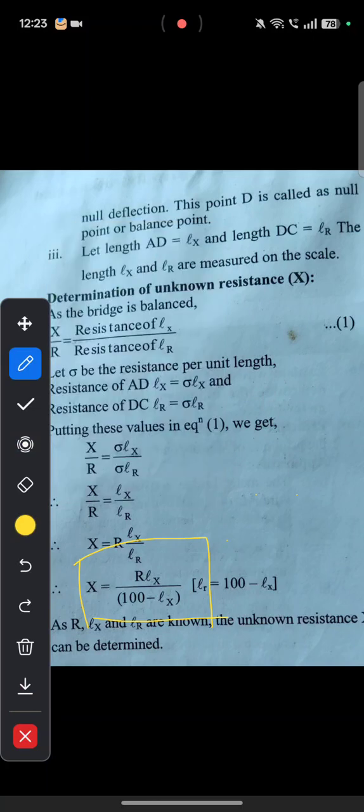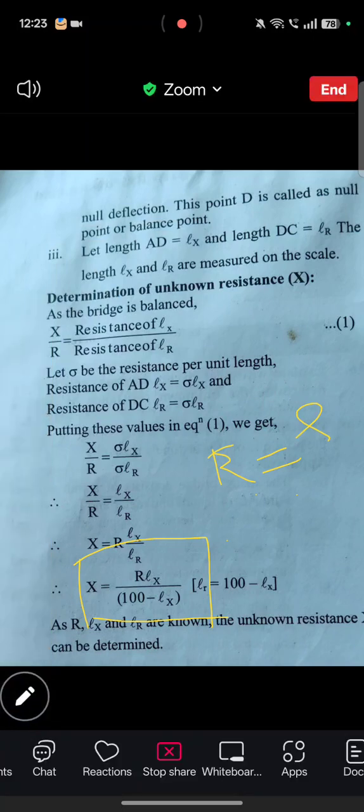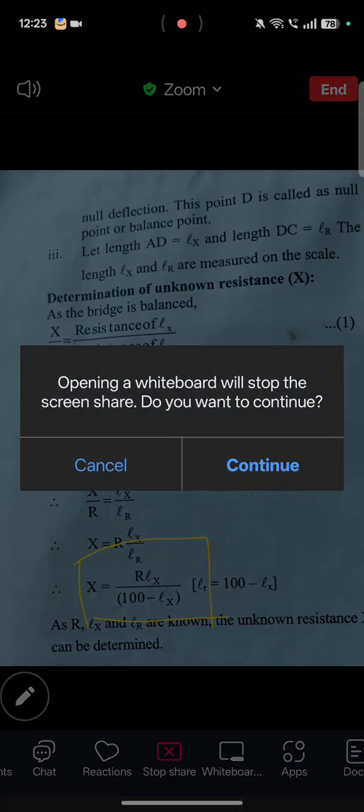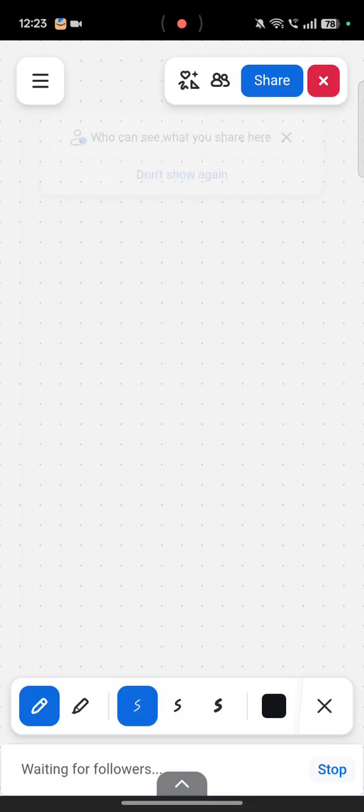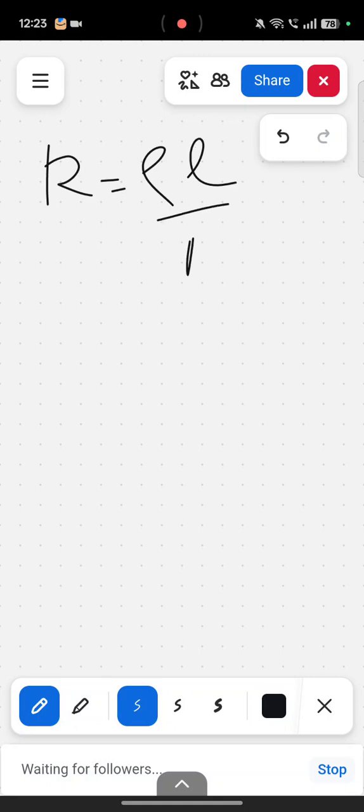Now, according to Ohm's law, the formula of resistance is R is equal to rho L upon A. Correct?